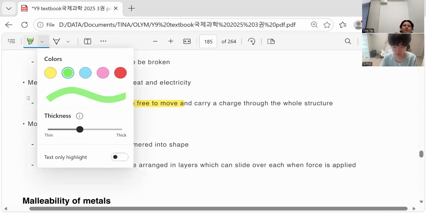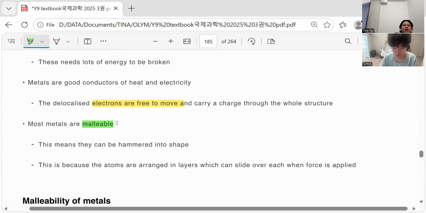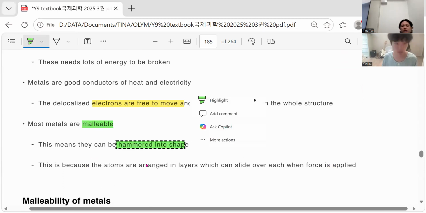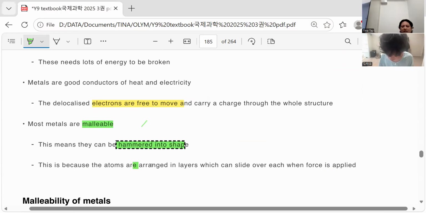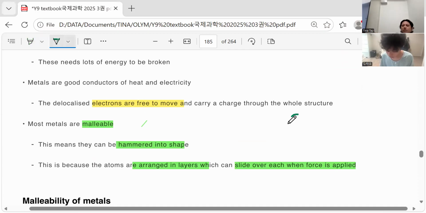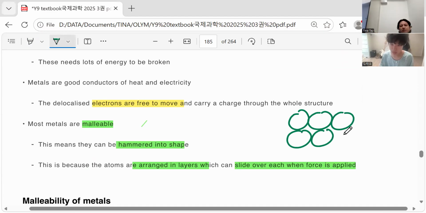What does malleable mean? Malleable means when you knock them, they can be hammered into shape. The atoms are arranged in layers and they can slide over each other. So these are the atoms, or you can call them ions, doesn't matter.